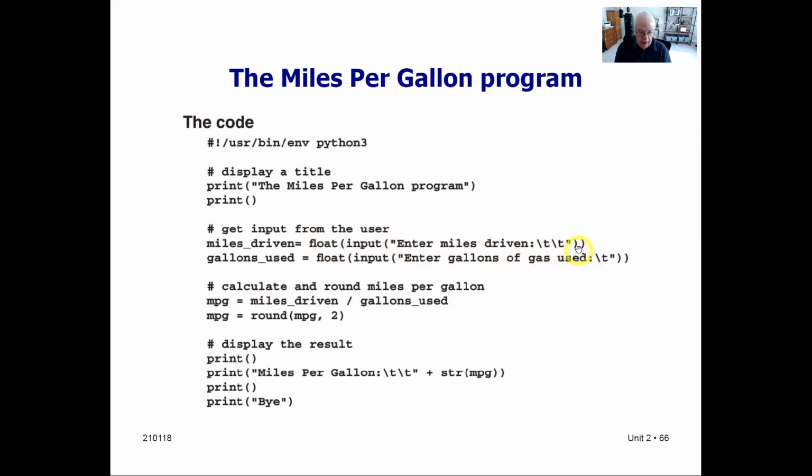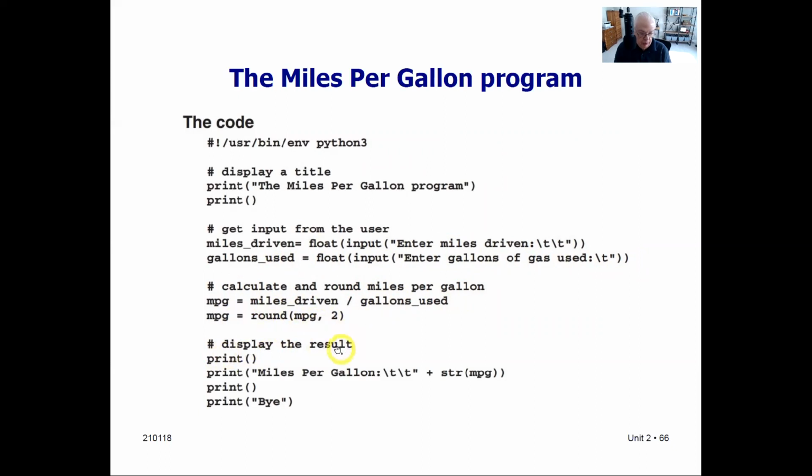Be sure and account for all of your parens. Okay, make sure you don't leave off a parens. That'll throw an error. Gallons used, float once again, input, gallons used. And in this case, we only need one tab and we have our two quotation marks. Next up, we want to calculate and round miles per gallon. So we've seen this in our examples.